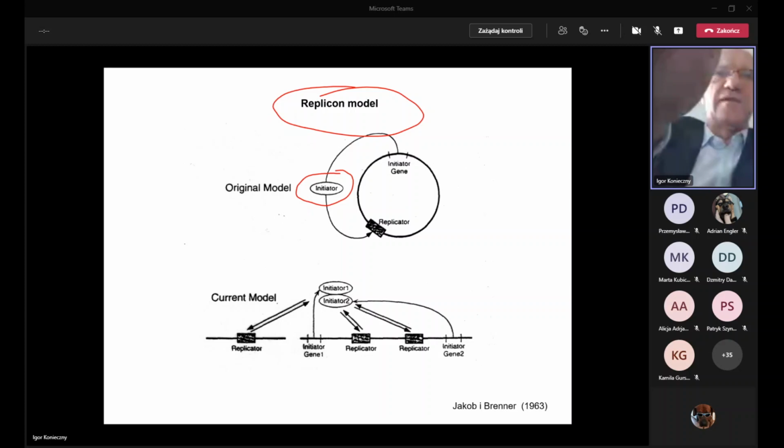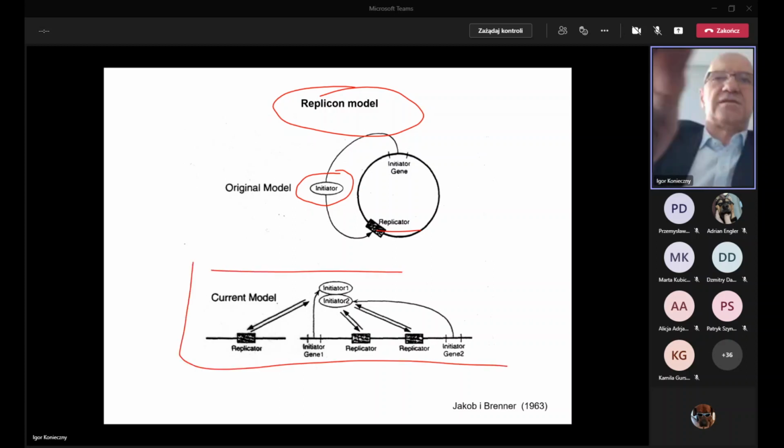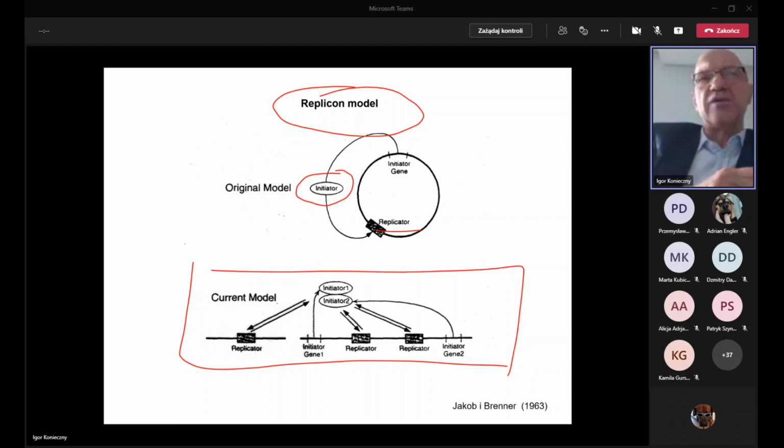This protein has to interact with the replicator, which is the origin of replication. We also stated that it's a little more complex: we have more than one replicator and more than one gene for initiator, and many DNA replication initiation proteins have to interact with a particular site on the DNA just to initiate DNA replication.